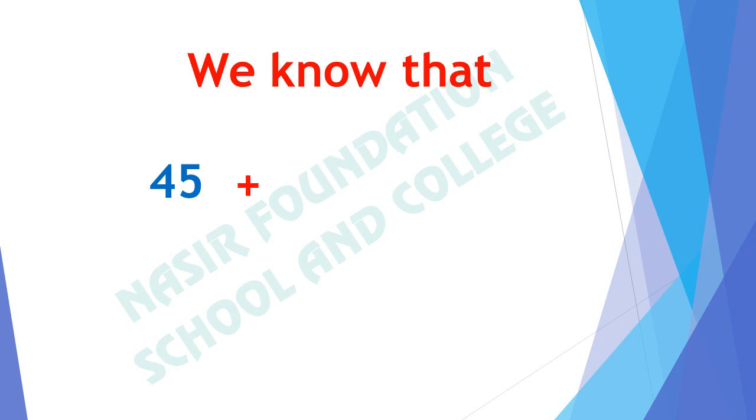Here we have another example. In 45, we have to add 10 and then we will add 5. As there are two same operations, we will start from left. In 45, we will add 10 first.